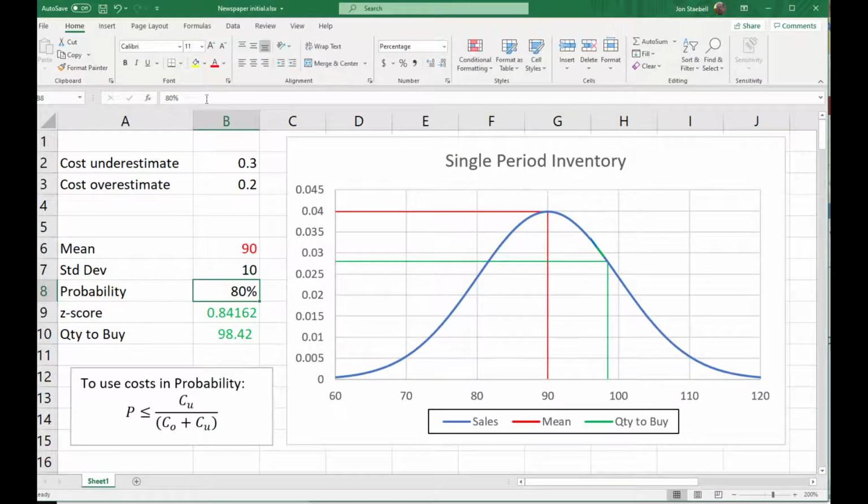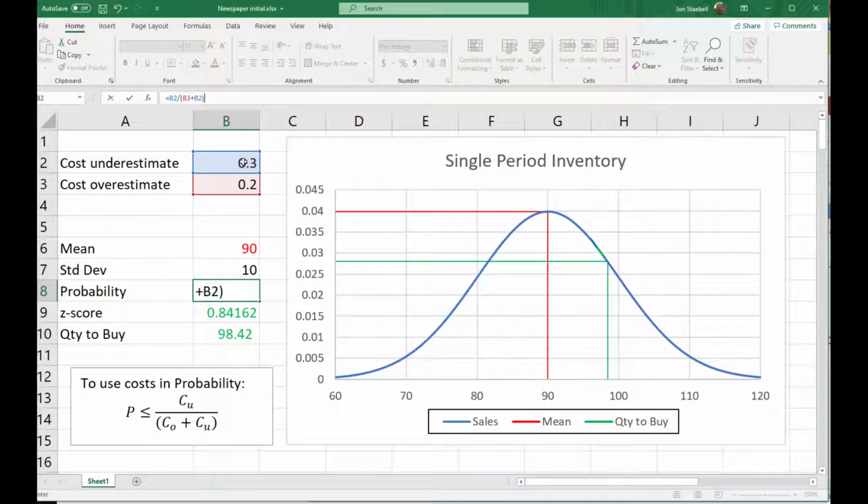So let me change cell B8 here. Instead of just typing in 80%, I'm going to say equals our cost of underestimating divided by, and then in parentheses, the cost of overestimating plus the cost of underestimating.